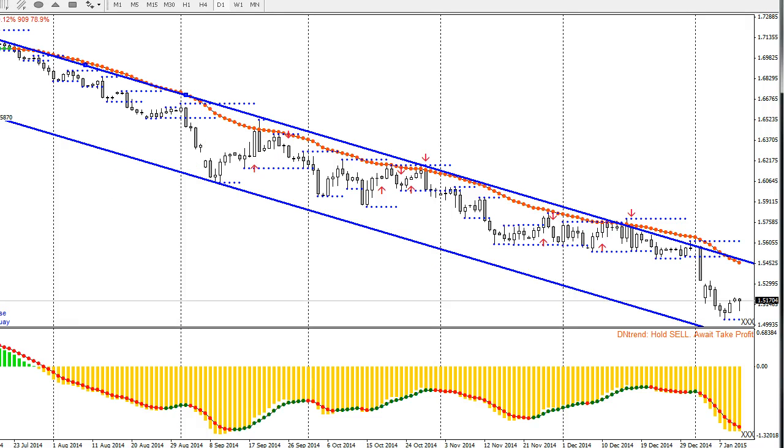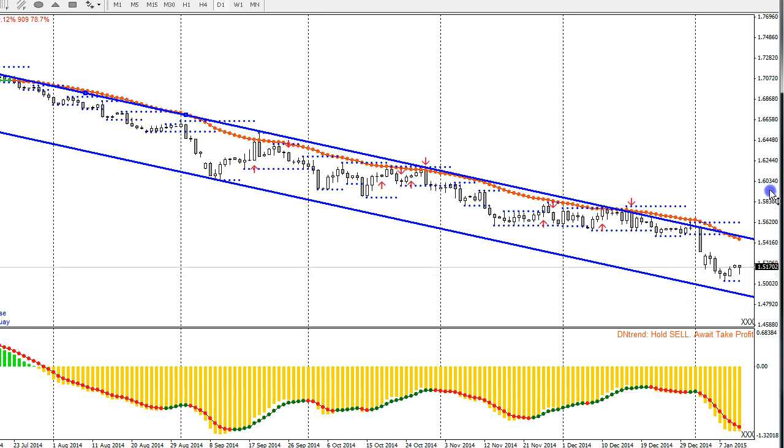This here is moved, and it does follow very well the TRENDRAGON trend line. So when that happens, it's basically confirmation that the TRENDRAGON trend line and the downtrend channel are fairly accurate on that side.